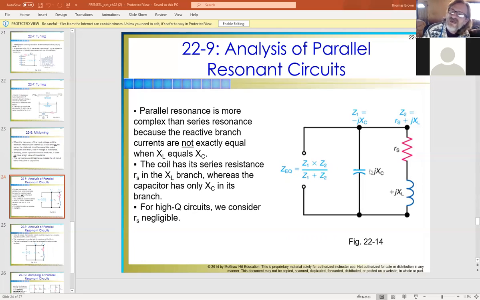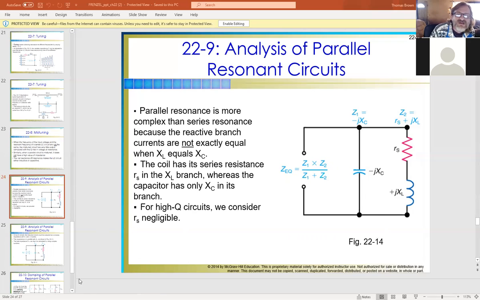In the real world, it's still a capacitor and it's still an inductor. Even though we've gone through the trouble, with this established frequency, that these two reactances should equal out, they're still going to be true to their nature. And with that, we're going to have some slight difference. It's not a lot, but it is there.